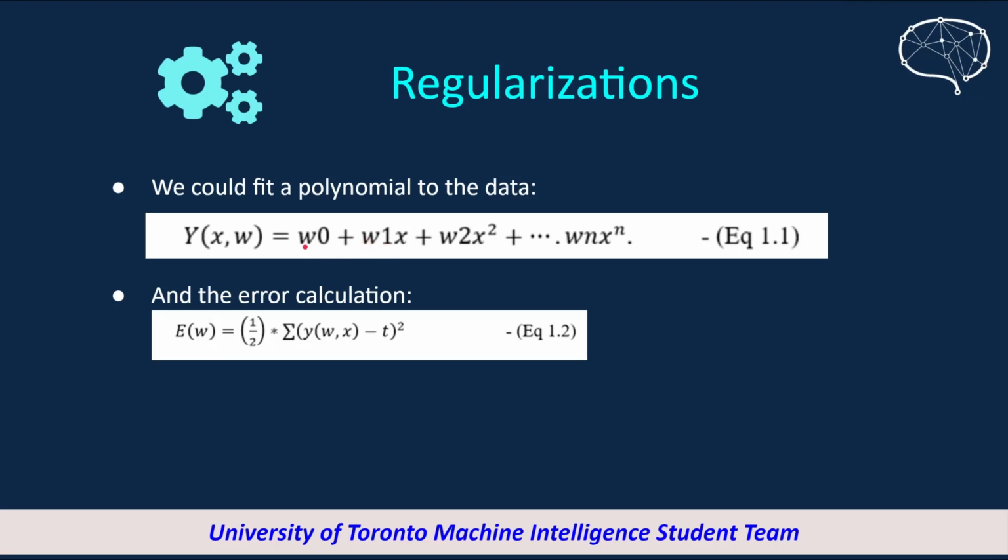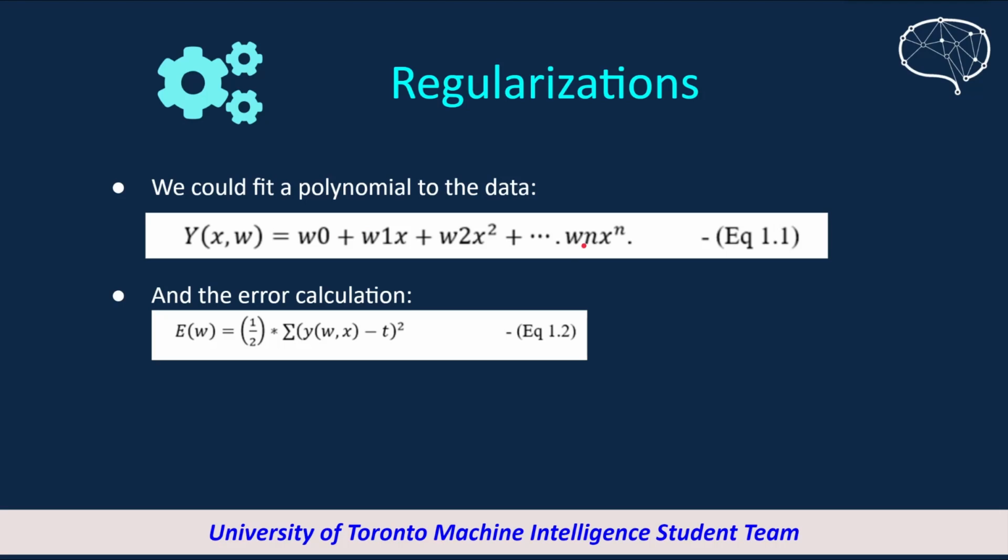For example, we could just have the first two weights and assign all of the others to 0. In this case, it will be sort of a linear model. But you could definitely assign weights to other degree terms.